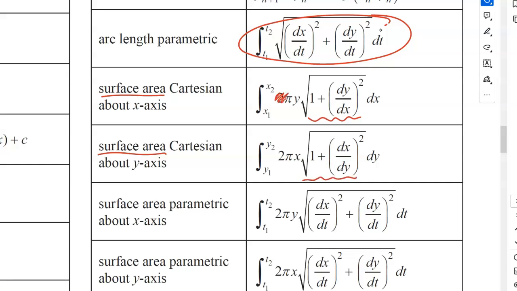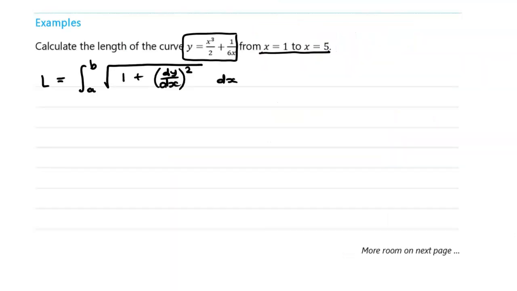You just remove the 2 pi and either the x or y, and that will give you the length, whether you're looking at movement in the x direction or the y direction for your terminals there. In putting on that 2 pi y or 2 pi x, that then changes it into a surface area, which I think will make a lot of sense when we get to that. So just note, these formulae don't appear on the formula sheet as you might expect, but they do appear within another formula.